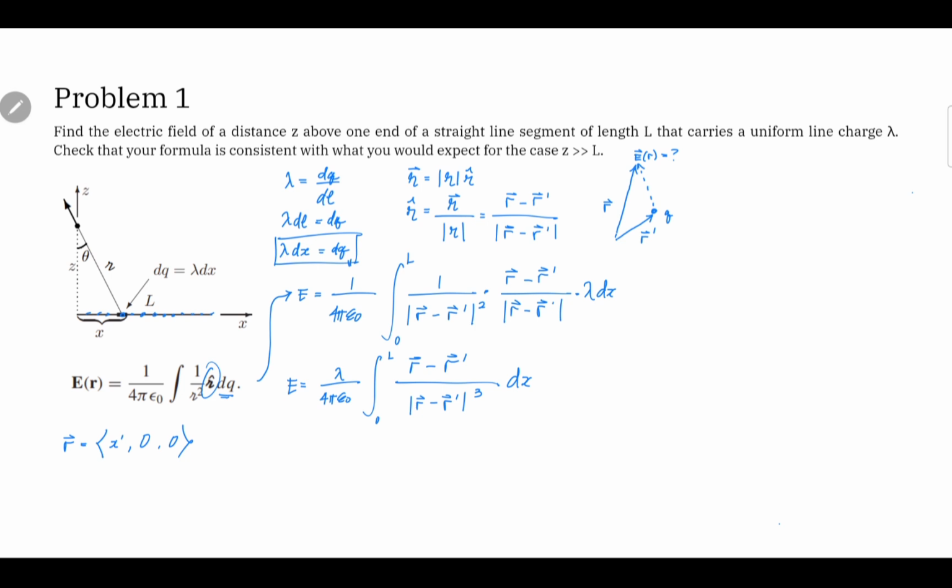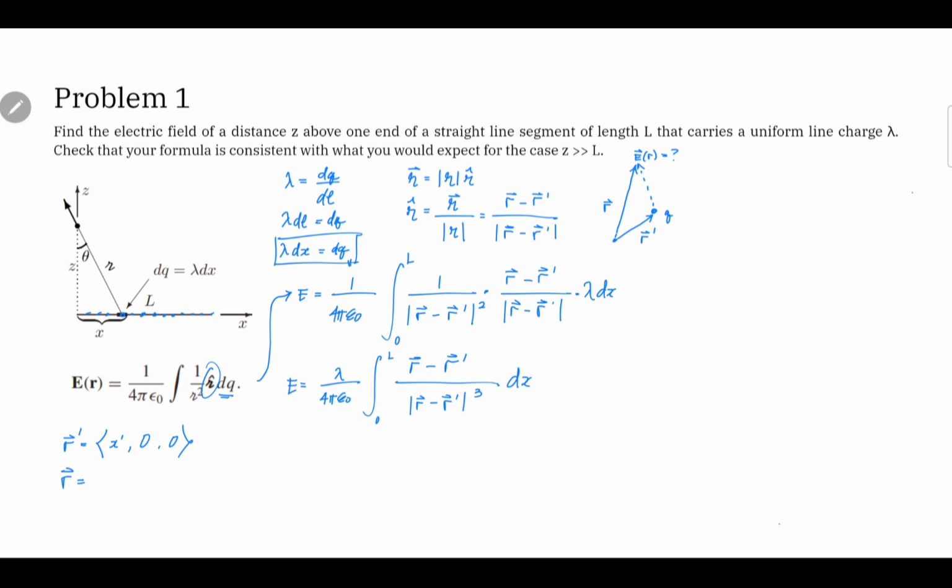Next, we need our vector. Oh wait, no, pardon me, that's vector r prime. Next, we need our vector r, which is the distance from your origin to your observation point. In this case, it lies along the z-axis.